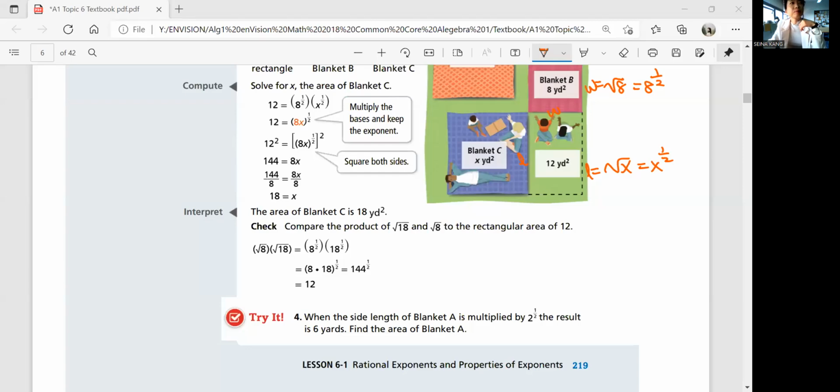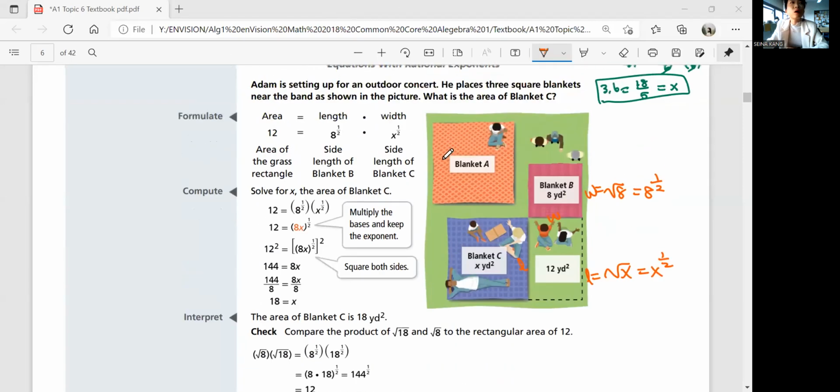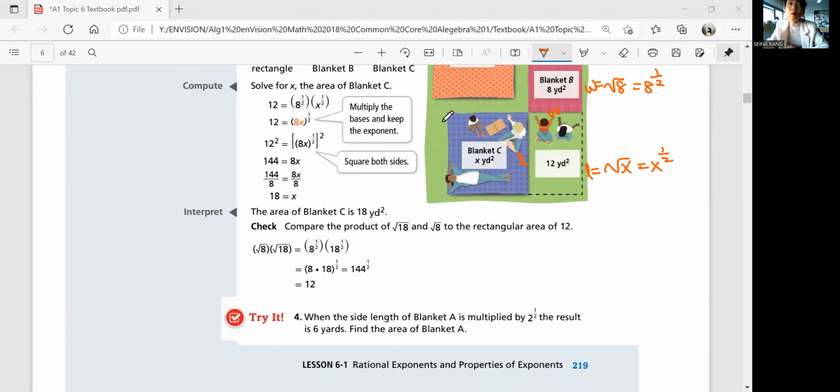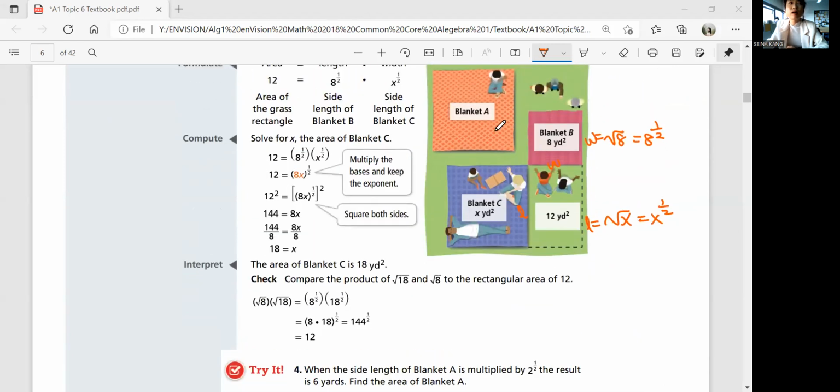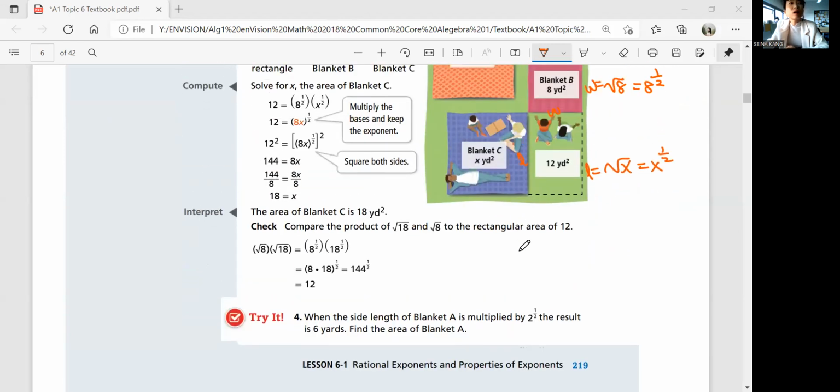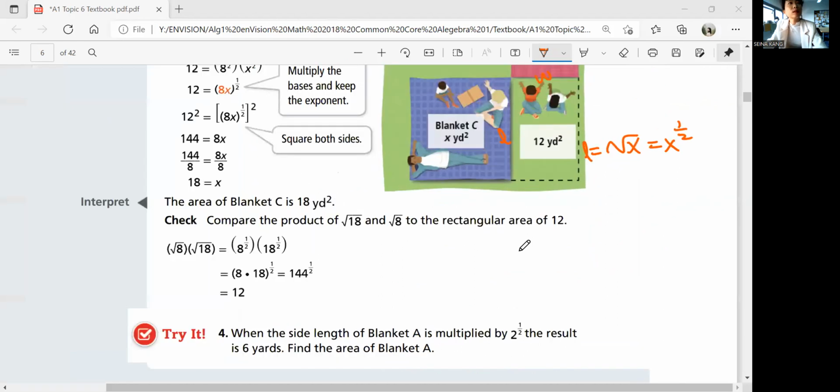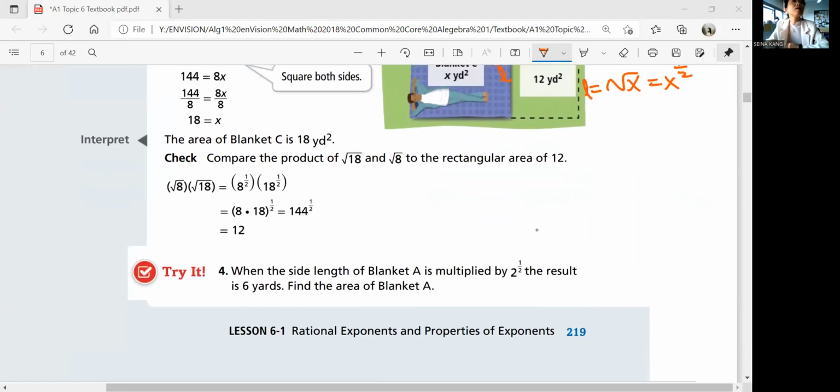Okay, are you ready? So we don't know what the area of blanket A is. We don't know what size blanket A has, right? So there's really no information. You can just say x for a side or x for the area, right? So whatever you don't know or you want to figure out would be the variable.